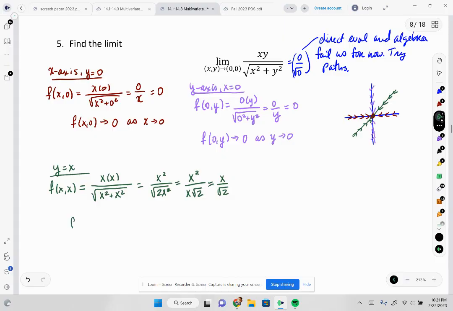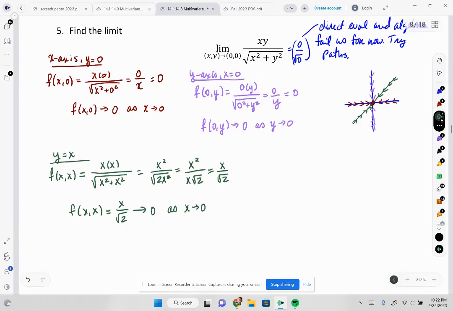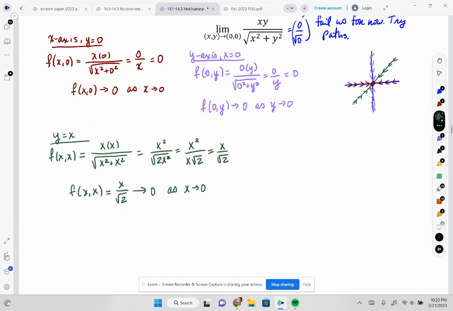All right, f(x, x), which is equal to x over the square root of 2, is going to go to 0 as x goes to 0. So again, I'm still using my nice notation to be able to write this down a little bit faster. And I have a function now.